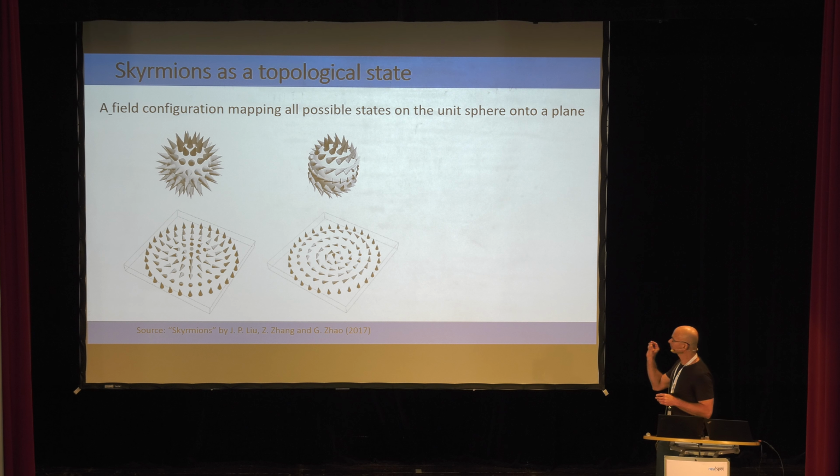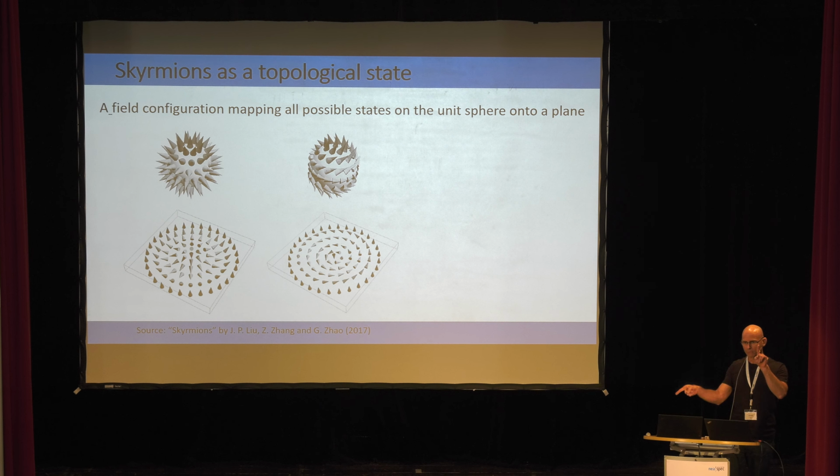There is another property. It's not just whether they span all the directions, but also how abrupt the change is from spin up to spin down. It could be gradual, or it could be extreme, where it's up, up, up, up, up, down, and then stays down.